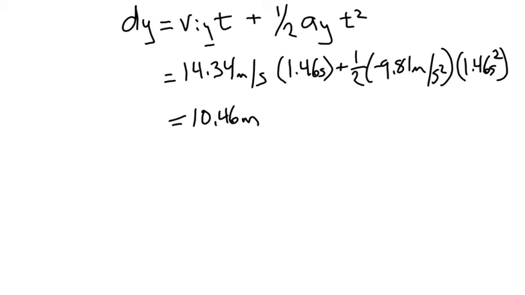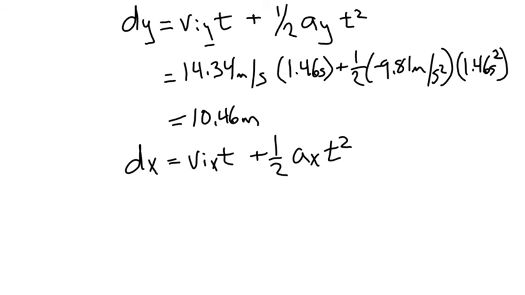Now in terms of the distance in the x direction, the same equation is used. dx equals VIXT plus 1/2 AXT squared. Remember now that I have to use the total time to solve for dx.